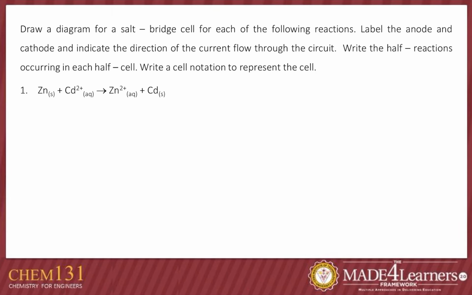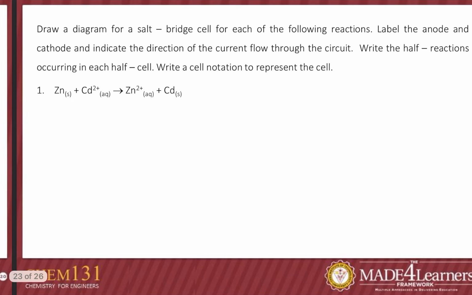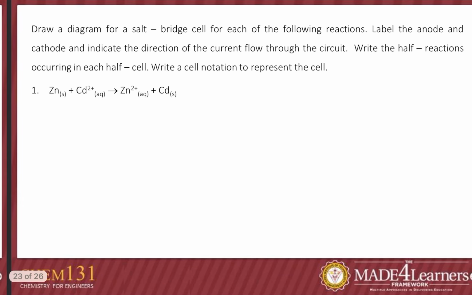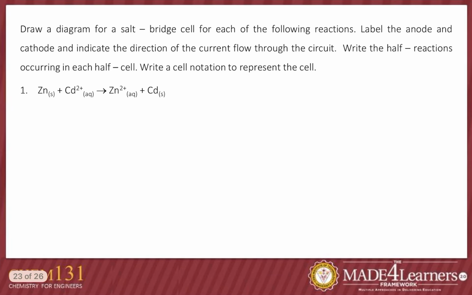Okay, next, draw a diagram for a salt bridge cell for each of the following reactions. Label the anode and cathode and indicate the direction of the current flow through the circuit. Write the half reactions occurring in each half cell and write a cell notation to represent the cell.